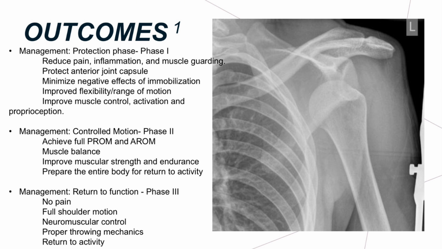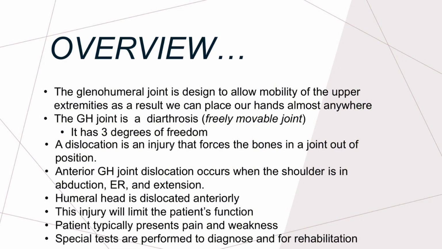return to activity. So, as an overview of this presentation, we already know that the glenohumeral joint is designed to allow mobility of the upper extremities, that the glenohumeral joint is a diarthrosis, which means it's a freely movable joint, and it has 3 degrees of freedom. We know that a dislocation is an injury that forces the bones in a joint out of position, and here it is the anterior glenohumeral dislocation.